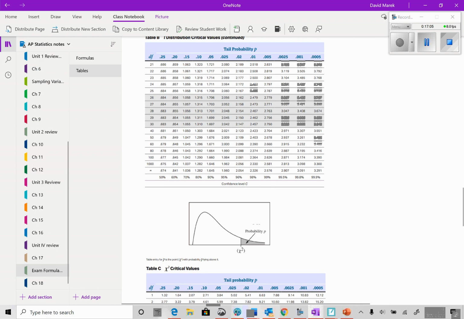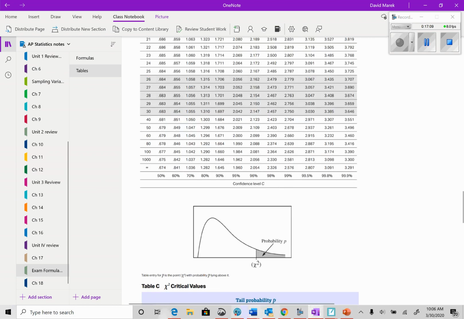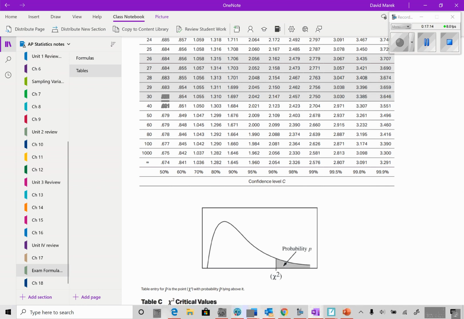But going back to the very bottom of table B, do you see there how that last line says confidence level C? Read up to the line above it for 95% confidence. If we're going from some critical z score to infinity, the critical value there is what you just saw on that previous slide, 1.96. Okay?